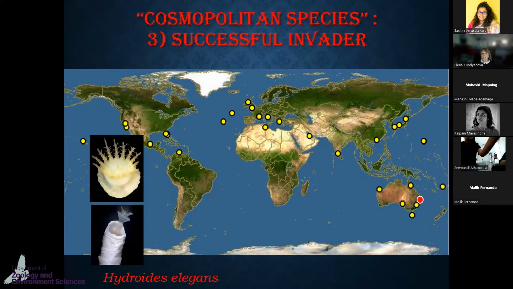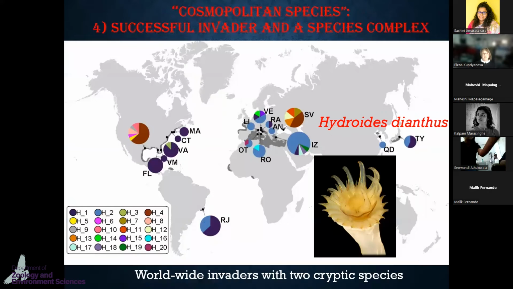Another example is scenario number 4. This is a successful invader and a species complex, and it's similar to what we already discussed for the Mytilus complex of mussels. Here we have another well-known fouling and invasive species. It was originally described from New England, and it was considered native of the east coast of the United States.